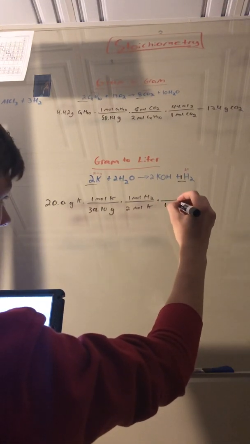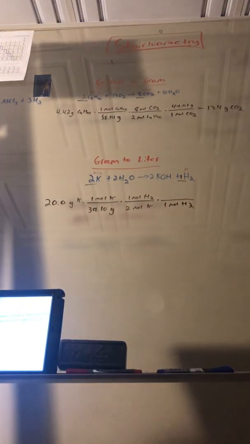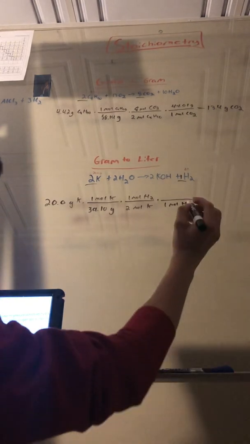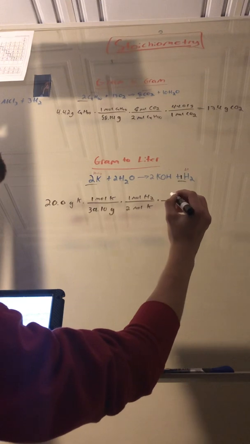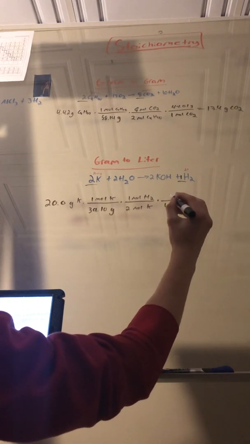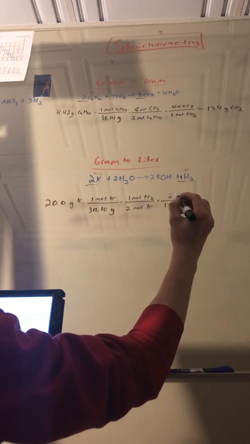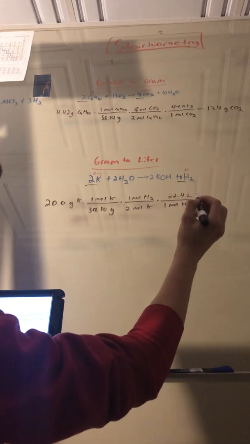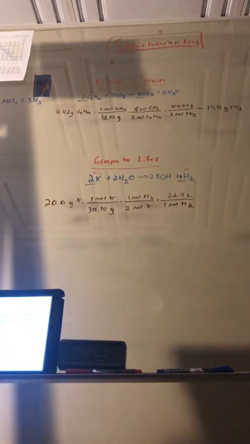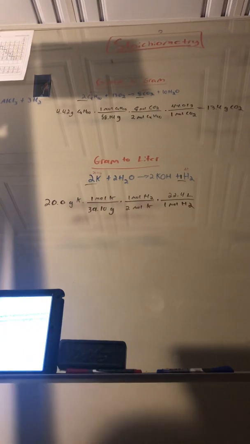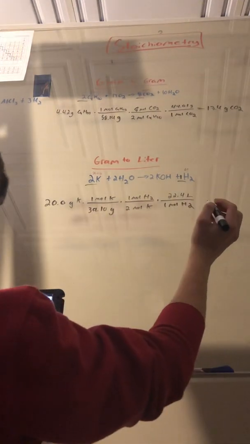So for every 1 mole of H2, instead of finding your molar mass, this is even easier because it's the same for everything, because 1 mole is always equal to 22.4 liters at standard temperature and pressure. So it's always going to be 22.4 over 1 mole.